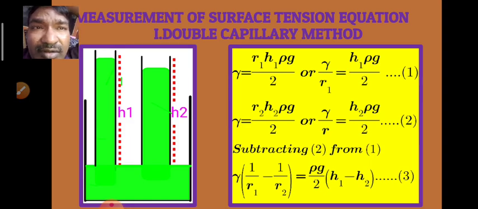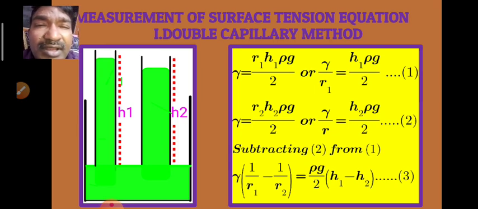Depending on the radius of the capillary tube, the liquid rises to different heights, for example h1 and h2.